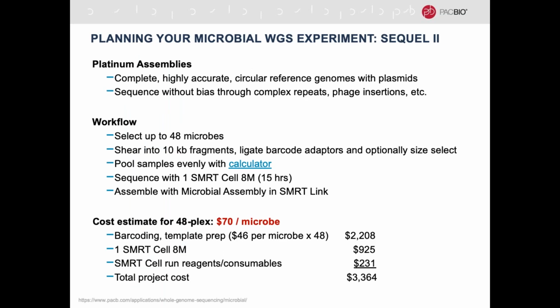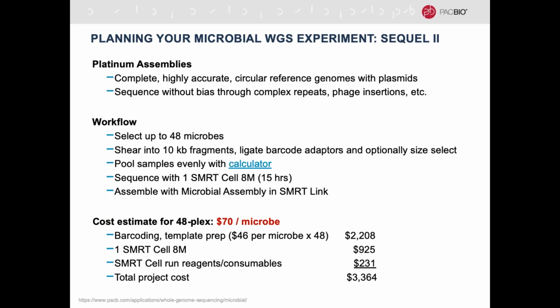What about cost? So with the Sequel II, this has made a very large difference, and our best estimate, you can see at the bottom, getting straight to the point, is that for a 48-plex of microbes, it'll cost you about $70 a microbe, and that'll get you a high-quality assembly for each and every one of the microbes in that 48-plex.